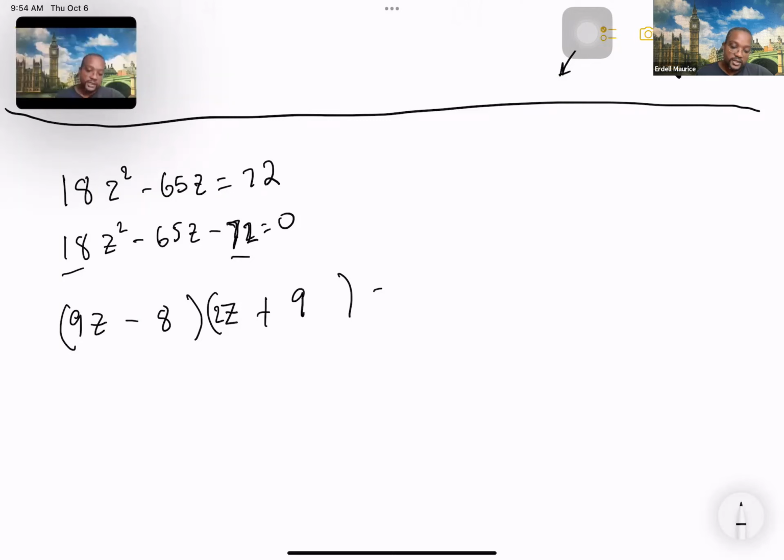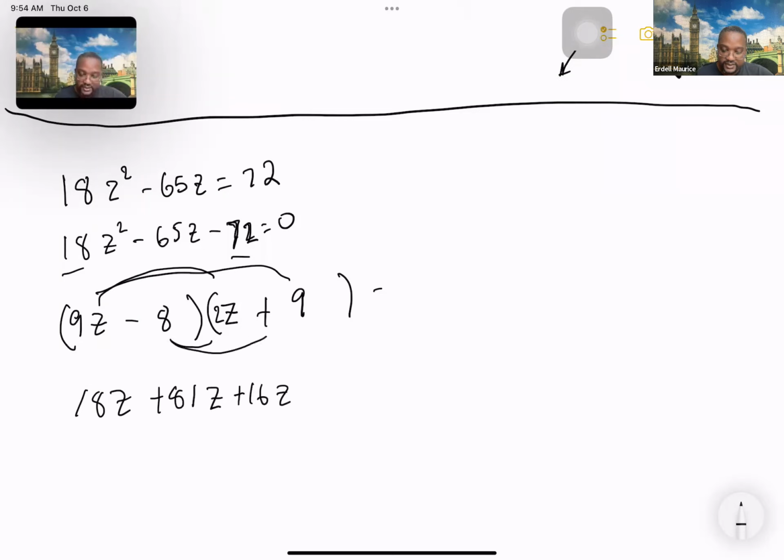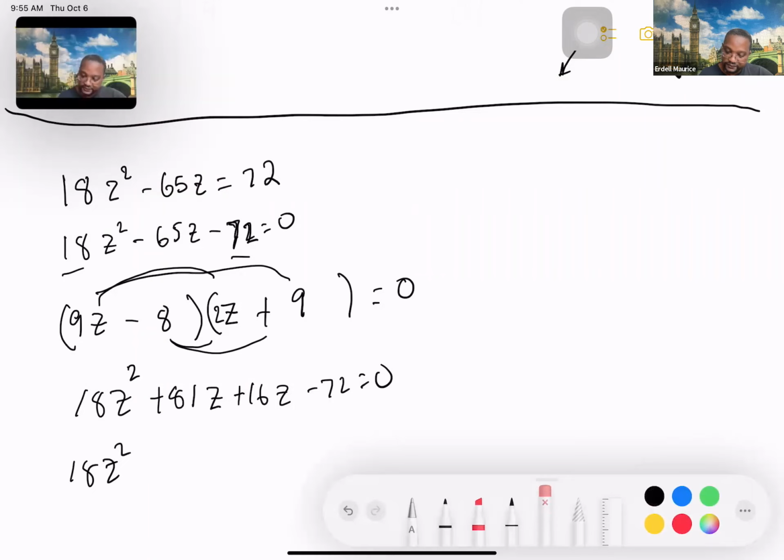So again, 9 times 2 is 18. 9 times 9 is 81. 8 times 2 is 16. And then 8 times 9 is negative 72. And that's 18z squared. My signs are off.